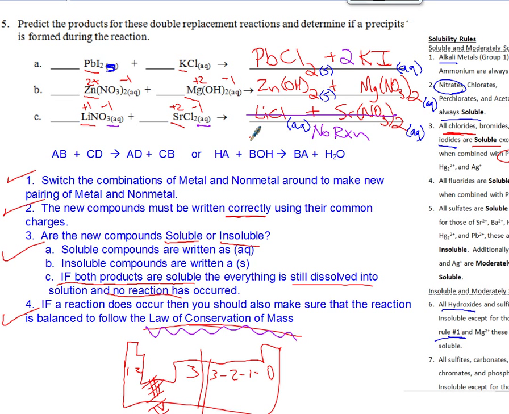And by that I mean, I'm supposed to put the metal with the non-metal. What's a wrong answer? I shouldn't put lead and potassium together. I shouldn't put chlorine and iodine together. That would be a wrong answer because lead and potassium are both positive. Chlorine and iodine are both negative and they repel each other.